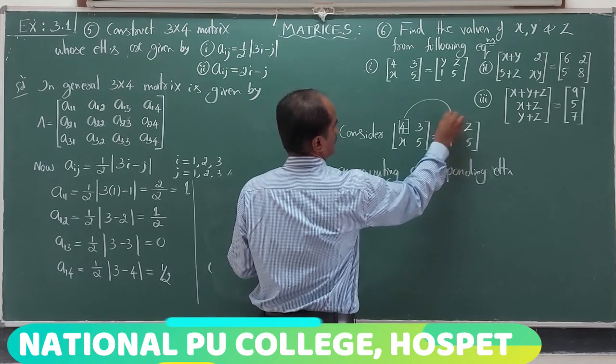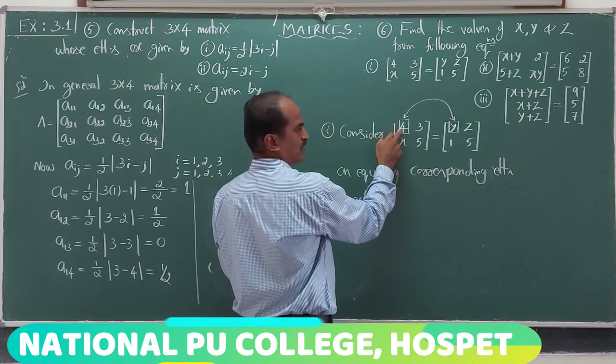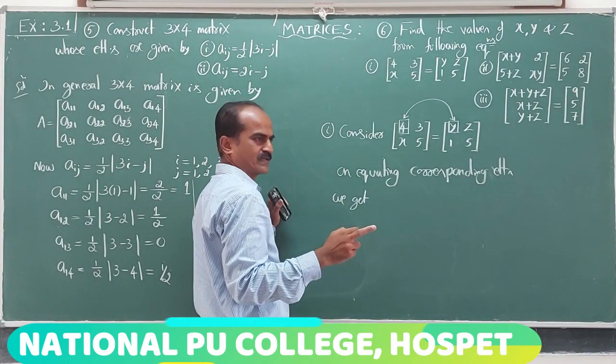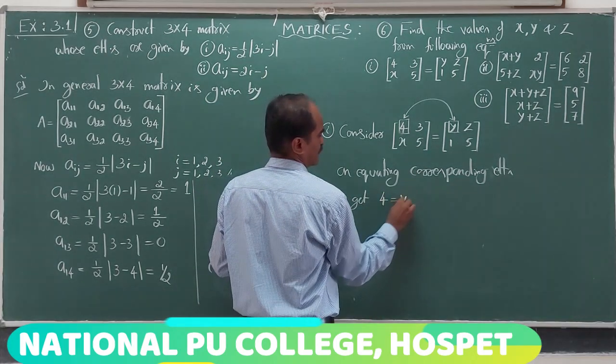These two are corresponding elements because this is present in first row first column, and this y is also present in first row first column of the second matrix. So I get 4 equal to y.